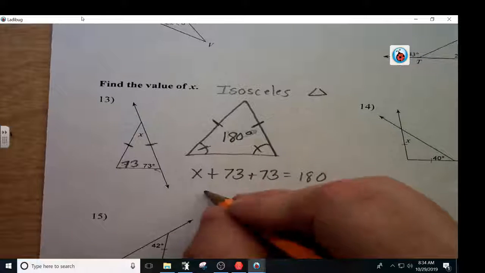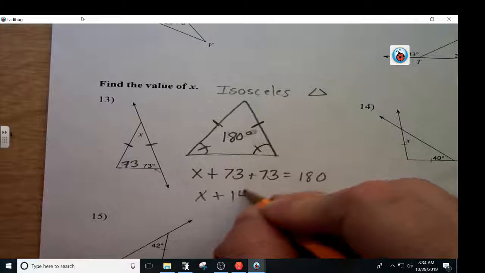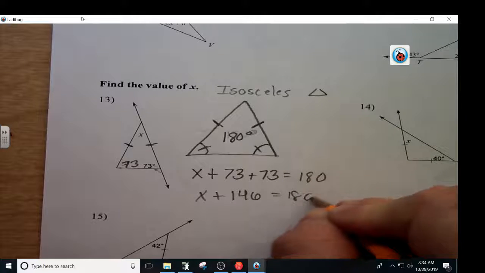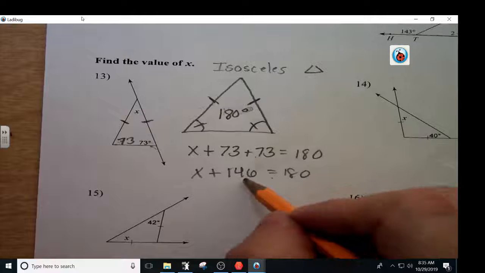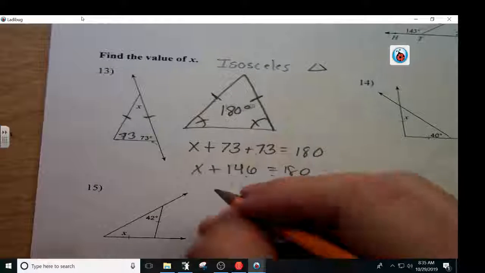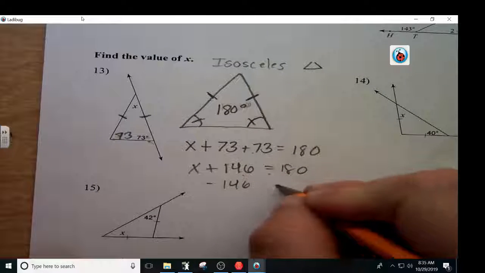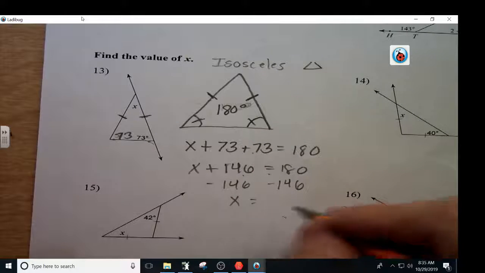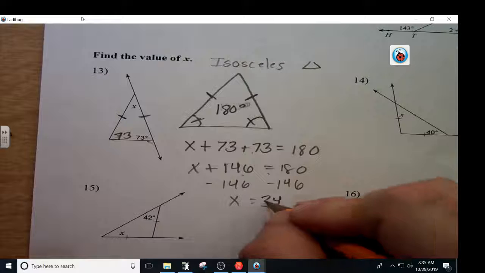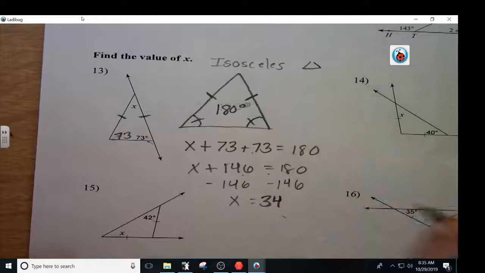Combine your like terms, be X plus 146 equals 180. When I add those two together, it gives me this. Then subtract. Be X equals 34. Now, so X is 34.